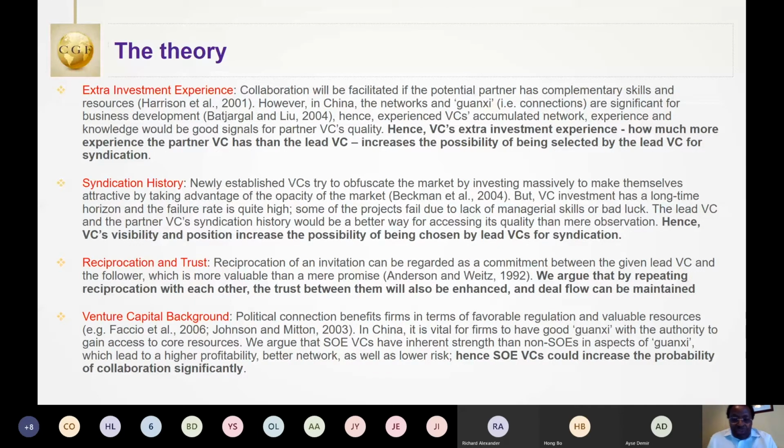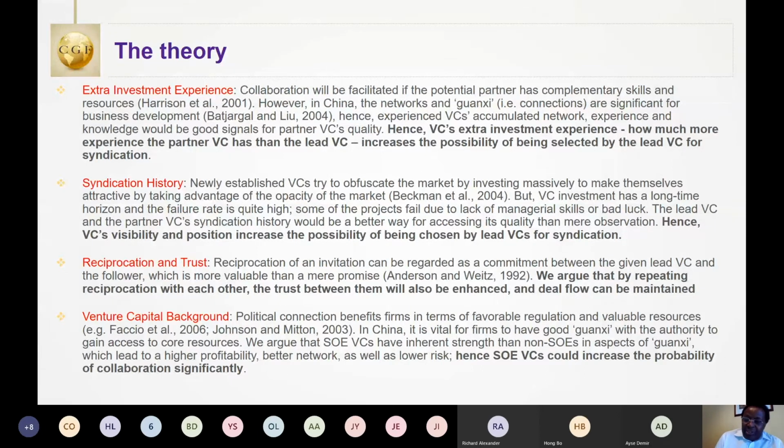And we argue that in the case of the Chinese firms, it is vital for firms to have a good guanxi with authority to gain access to core resources. And so we argue that state-owned enterprise VCs have inherent strengths over non-state-owned enterprises in aspects of guanxi, which will lead to higher profitability, better network, as well as lower risk.